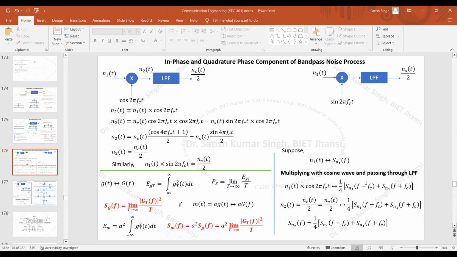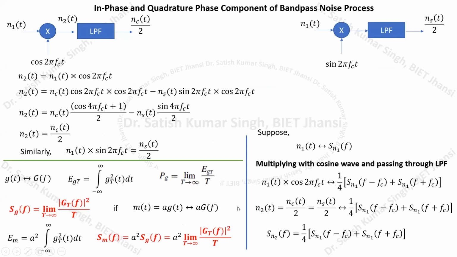So now, after having all this, we have to understand this calculation, right? If we take this calculation now, you can understand this one. This S_N2(f) is nothing but the output after multiplying this N1(t) with the cos 2 pi f_c t. This S_N2(f) is the power spectral density function of this N2(t).